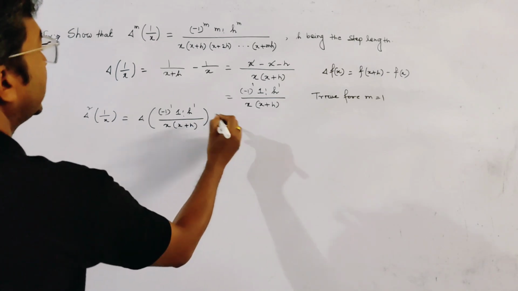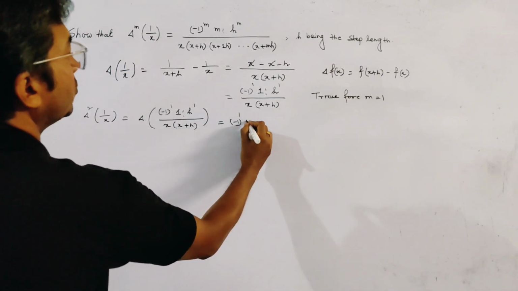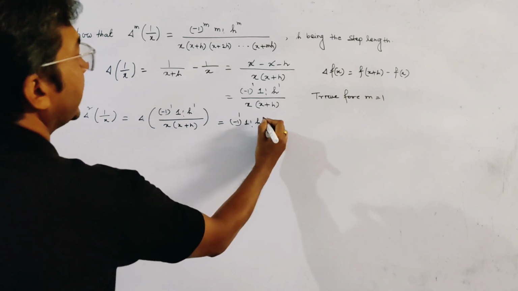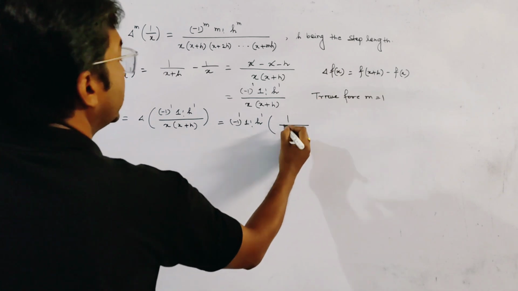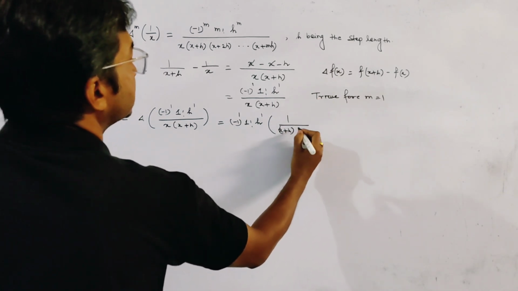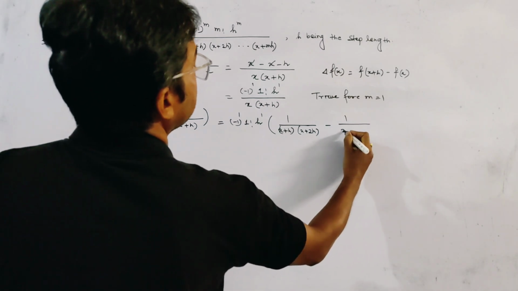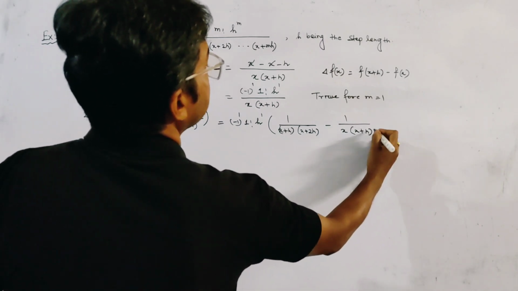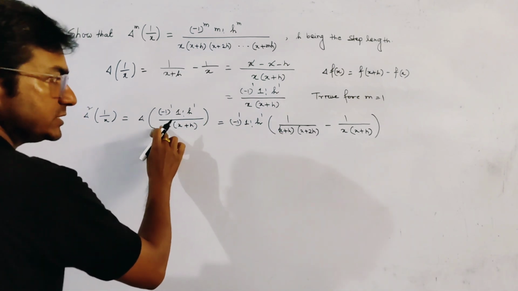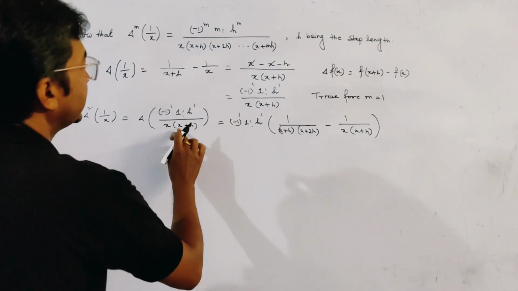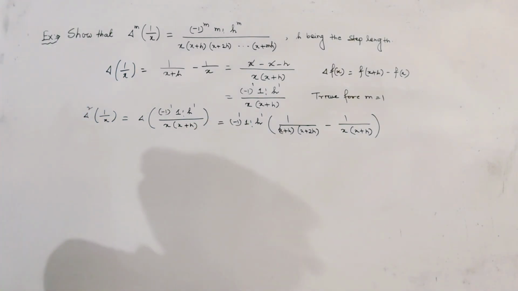Using the definition here, taking common minus 1 to the power 1 into 1 factorial into h to the power 1, we use the definition of delta as 1 by x plus h into x plus 2h minus 1 by x into x plus h. In the first term, we put x plus h in place of x, and the second term remains the same as above.